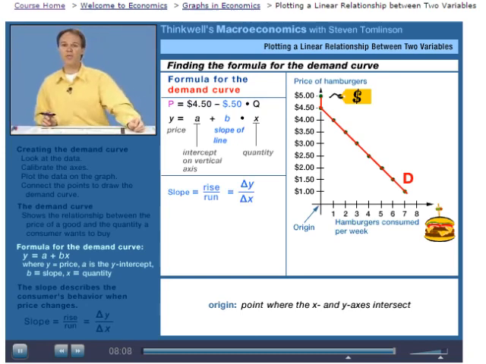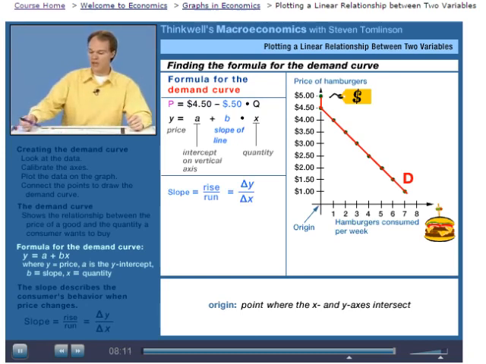So if we want to know the slope of a line, we look at the change in the vertical variable, divided by the change in the horizontal variable, the rise over the run.